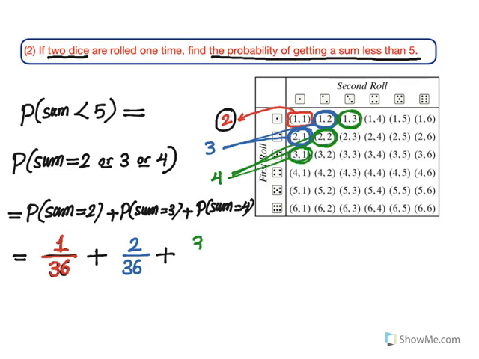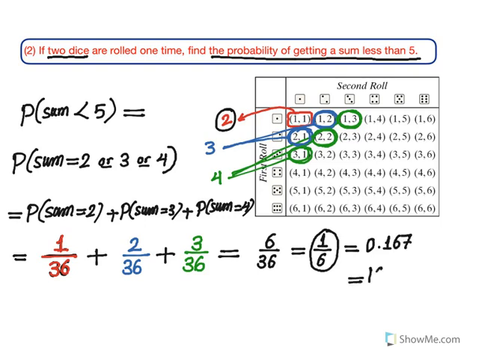So we have 3 possibilities out of the 36 possibilities. And if you add up those numbers, 1 plus 2 plus 3 is 6 out of 36, which is 1 out of 6. And if you want this as a decimal, this is approximately 0.167, which is 16.7%. Okay, and this answers the question.